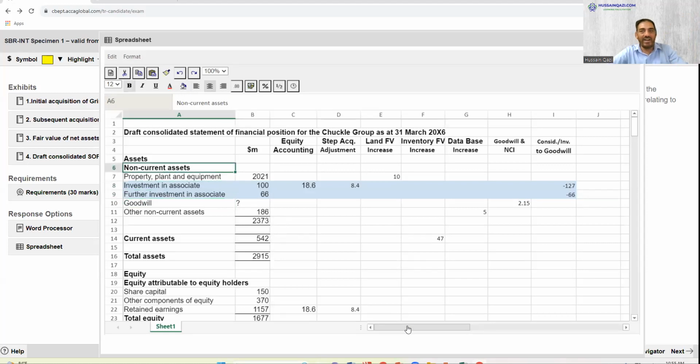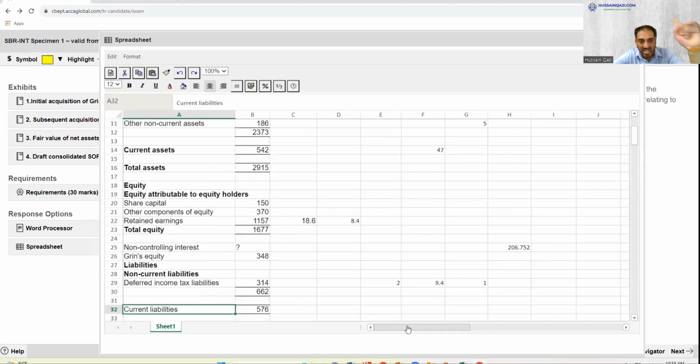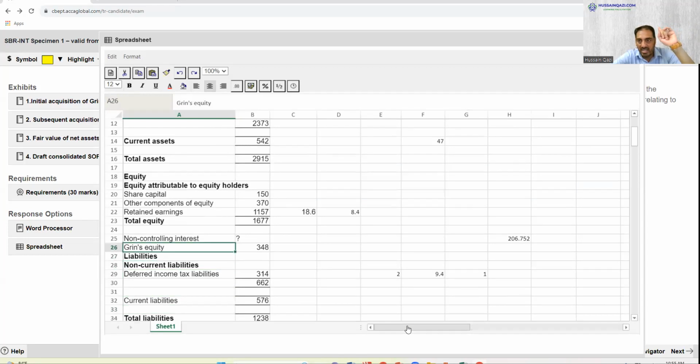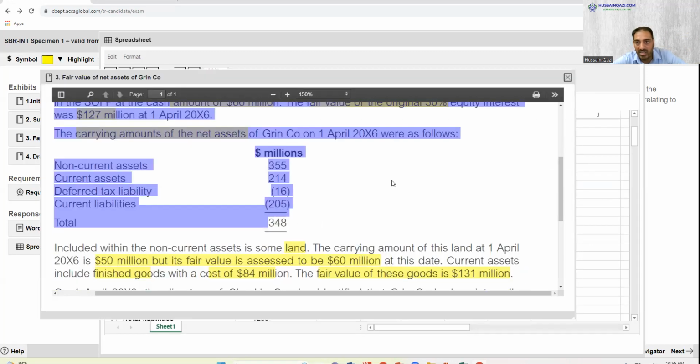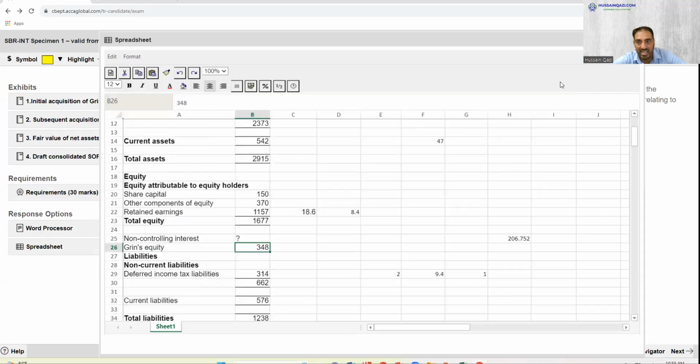That's done, except one thing. A correction needs to be made, an adjustment as a correction of error. The subsidiary's equity at the date of acquisition, 348, is reflected here, and that's wrong.